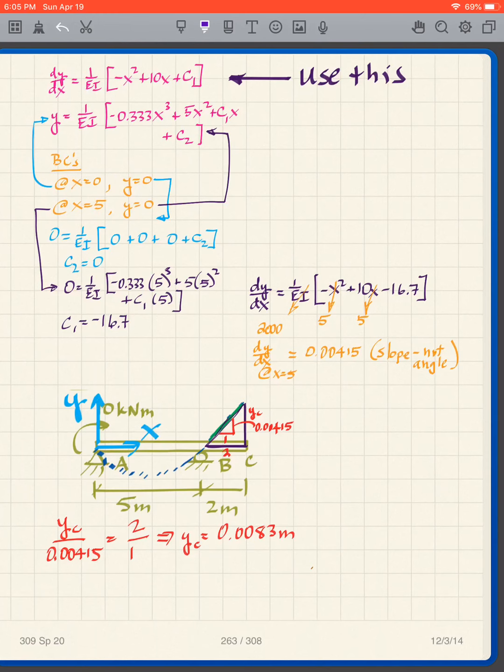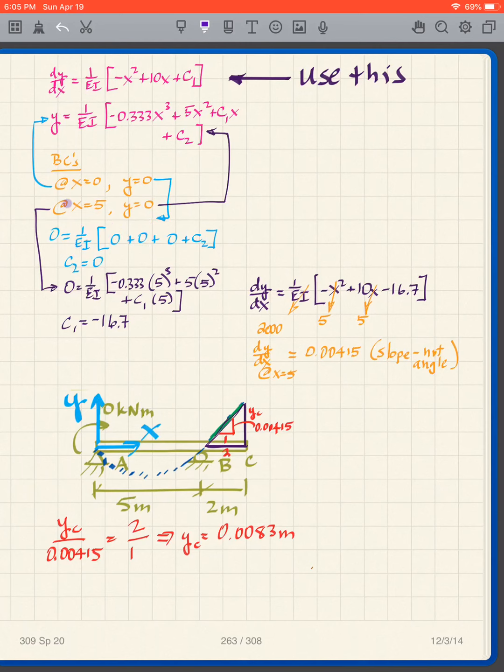So at x equals 0, y equals 0, I can put that into here, and I get that 0 is equal to 1 over EI times 0 plus 0 plus 0 plus C2. That tells me that C2 is equal to 0.